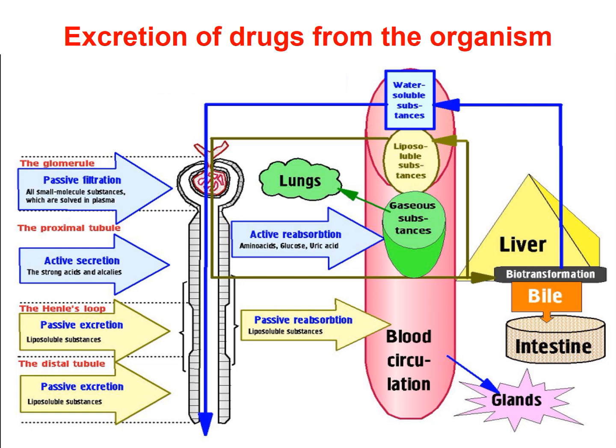This process of conversion of liposoluble into water-soluble substances is performed in the liver during the step of biotransformation. Also, in the process of drug excretion, some other organs may play some role, but this is not so significant as the kidneys.